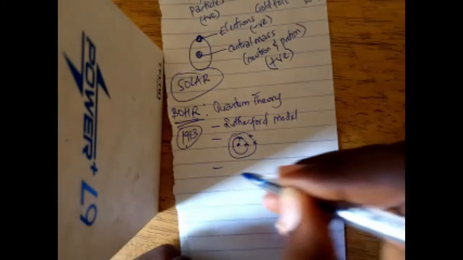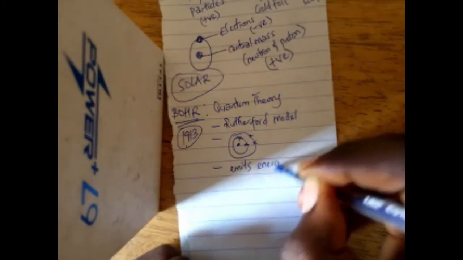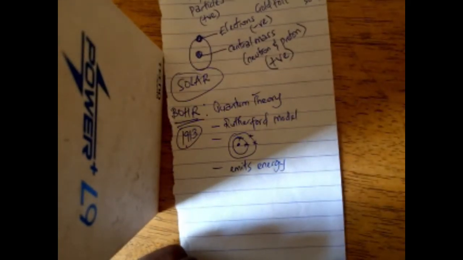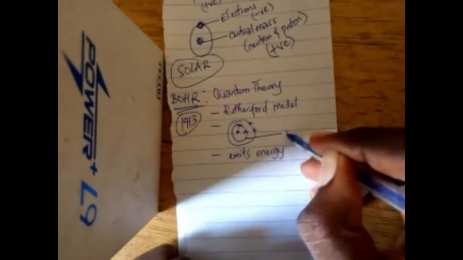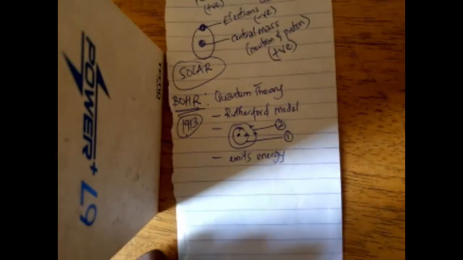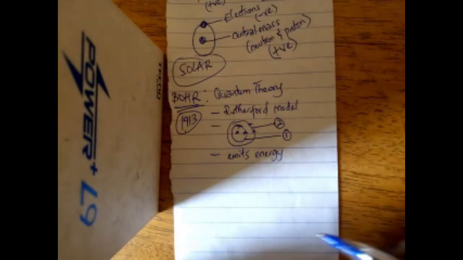He also established that each electron emits energy while it moves from one orbit to another orbit. Let's say this is the first orbit and this is the second orbit. In Bohr's model of the atom, he carried out an experiment using hydrogen. He was able to observe that there were various layers of energy in an atom.